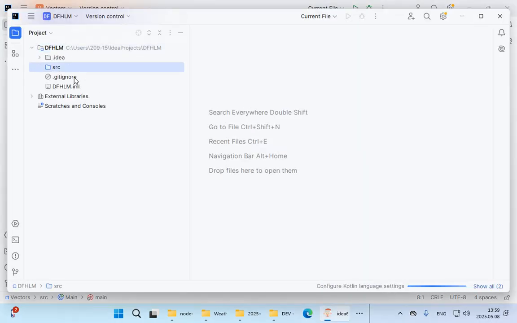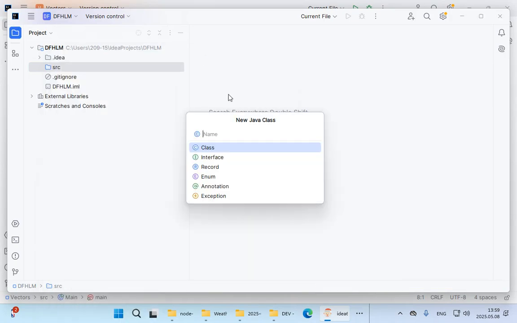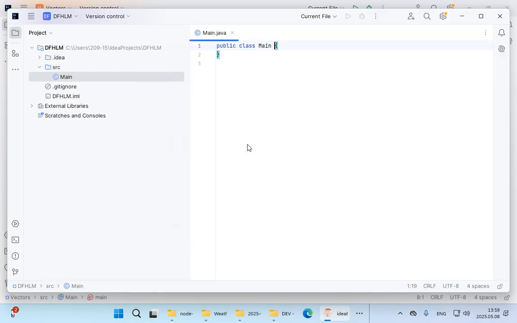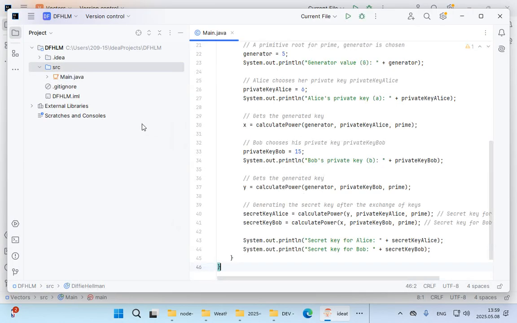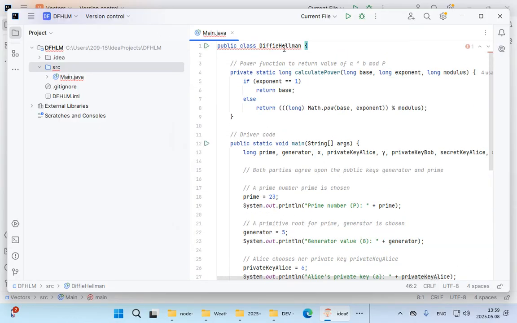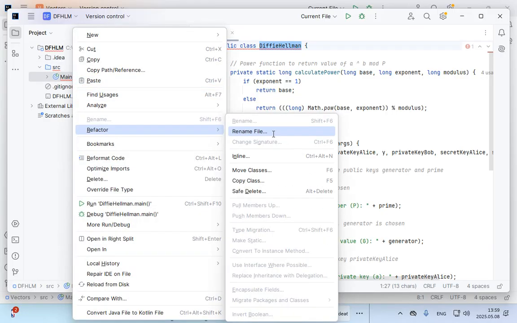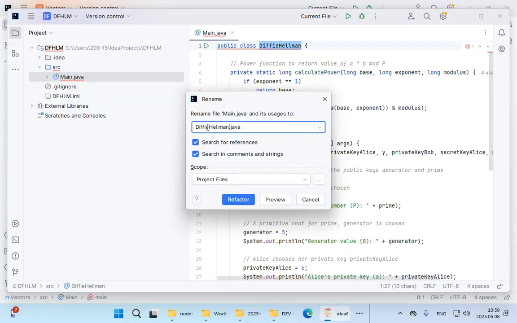Let us create the main class, and this will be the new name of the main class. What happened? Everything okay? Yeah.